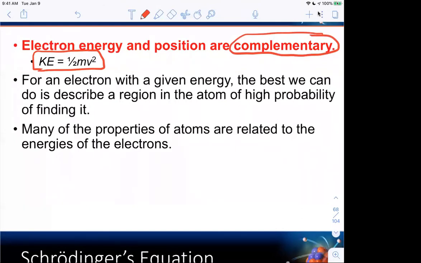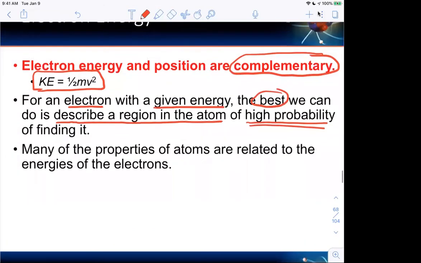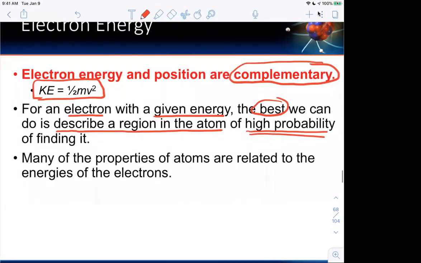So for an electron with a given energy, the best we can do is describe a region in the atom where I have a high probability of finding it. Many of the properties are actually related to the energies of the electrons.